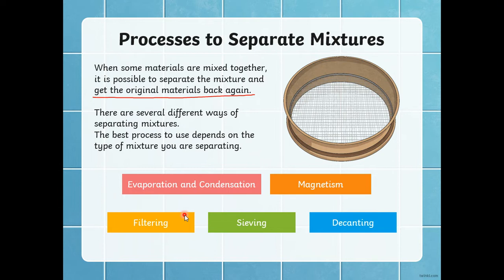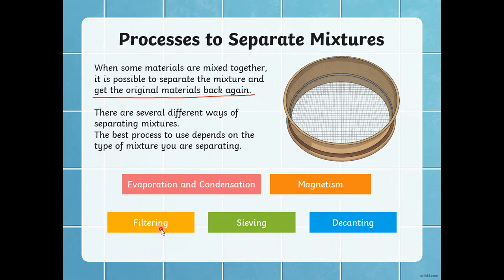So if a mixture of salt and water is in front of you, you're going to treat that differently than if it was a mixture of oil and water. There are several different ways of separating mixtures, but the best process to use depends on the type of mixture that you're separating. So what are some ways of separating mixtures? Well, number one is evaporation and condensation. Number two is magnetism.